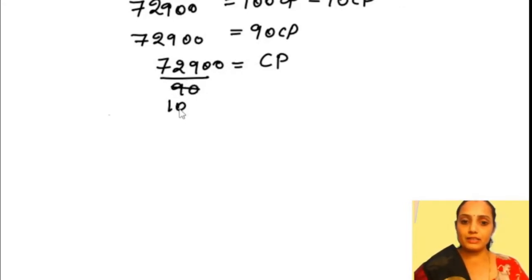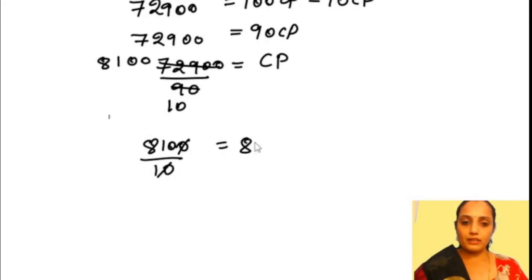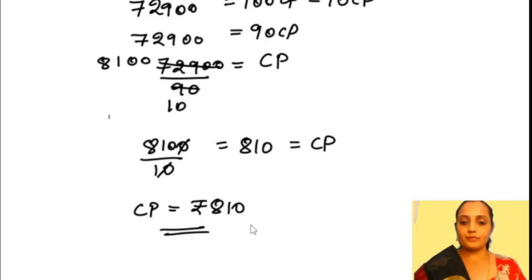So 9 10 times, and 729 is 81 times 9, plus the 2 zeros. And again it becomes 8100 divided by 10, that gives us 810. So this is the cost price. Cost price will be rupees 810.